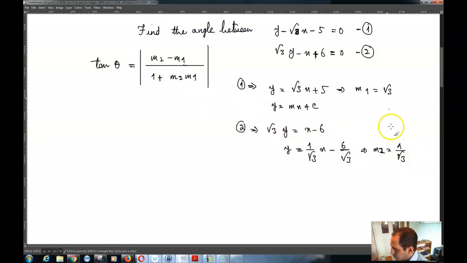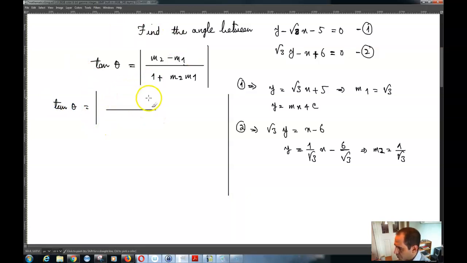So if I put these two slopes in this formula here, I will have tan of theta is equal to the absolute value of m2 minus m1, for example, 1 over square root of 3 minus square root of 3, over 1 plus 1 over square root of 3 times square root of 3, and that is equal to basically these two will cancel out.